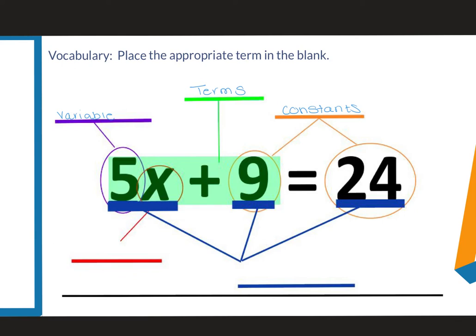We can see here with this 5, remember any number in front of a variable is called a coefficient. And again, we are going to define all of these on the next slide, but just want to give you an overview. And then we have that 5x plus 9 and 24 are both expressions. The equal sign is showing that they are equivalent expressions.